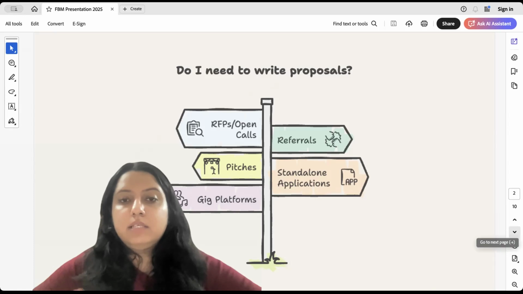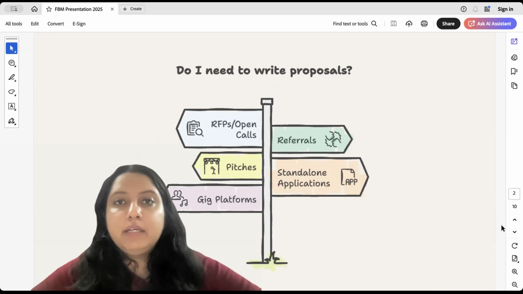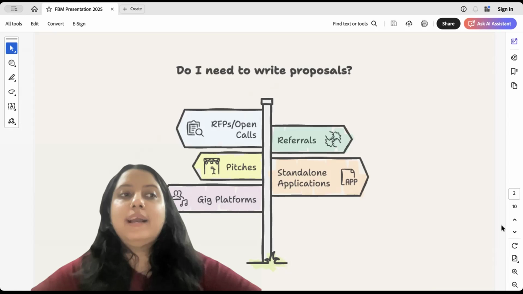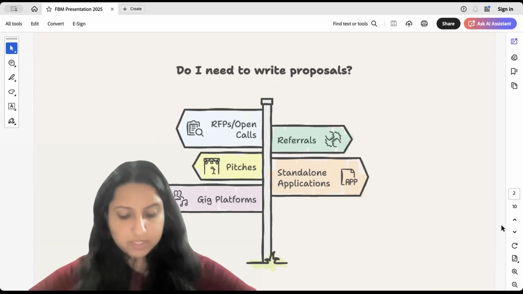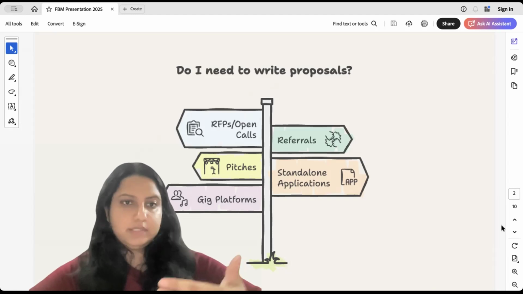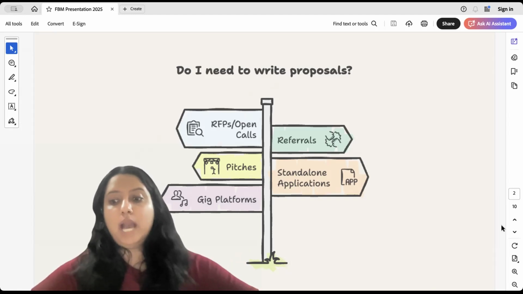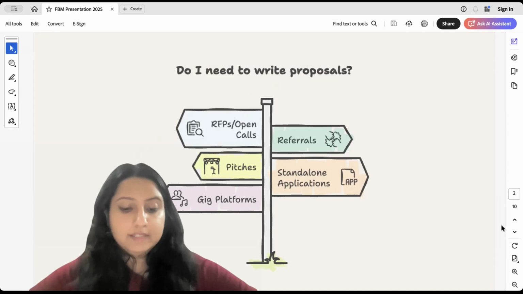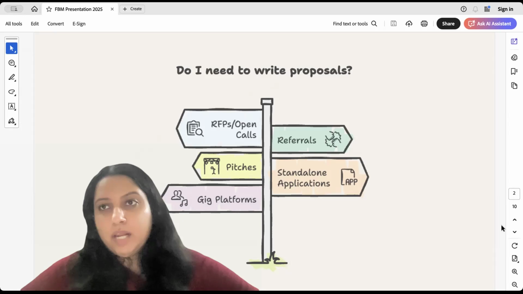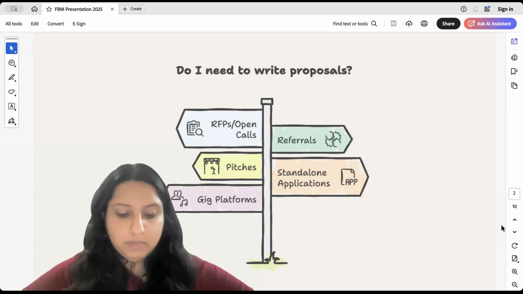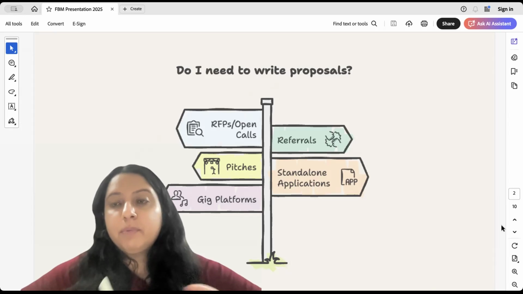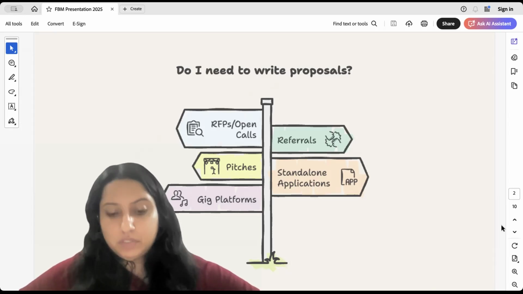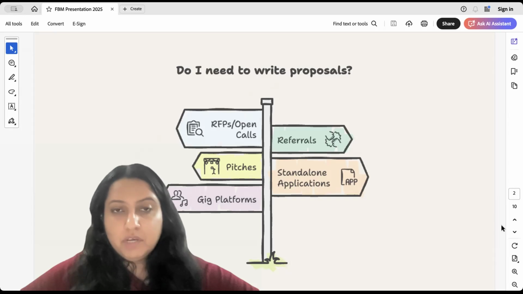So these are all different scenarios, but as you will notice, it is all a different type of proposal. So when I use the word proposal, it's always the second step after you have secured a lead. It is both the follow up that people ask after your initial conversation, but also the very strict outline of a proposal which is demanded in certain open calls.